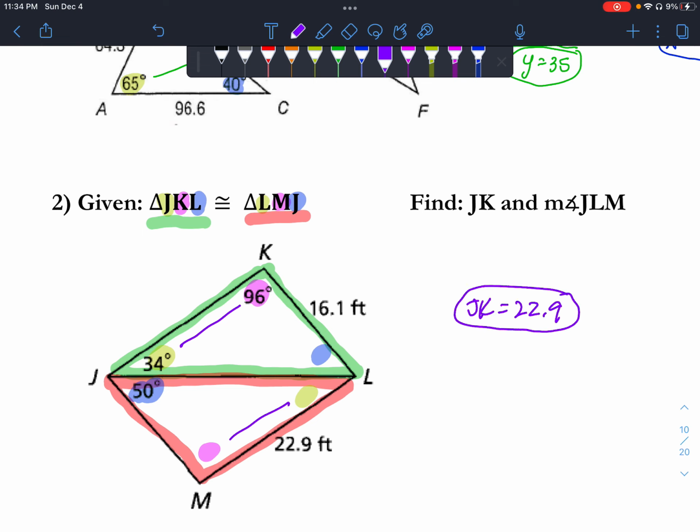If I look at JLM, that is the blue dot that I have here. And we should have JLM equals 50 degrees. Oh, actually, I lied. That looks like it is supposed to be the yellow dot that's right there. Caught it just in time. About 34 for the final answer.